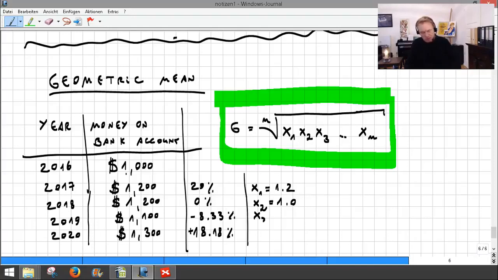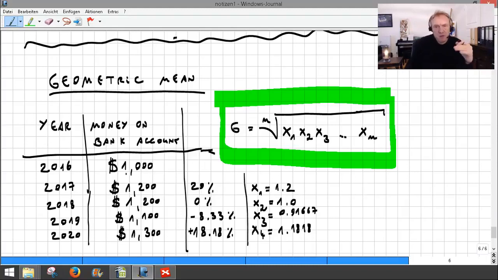The third, x3, is equal to 1 minus 1/12, which is 0.916667, rounded to the fifth decimal place. And x4 is equal to 1.18 and so on.